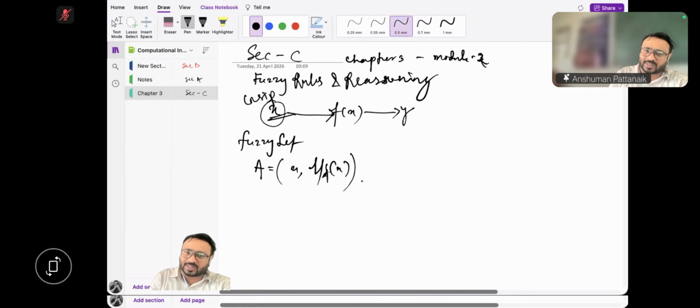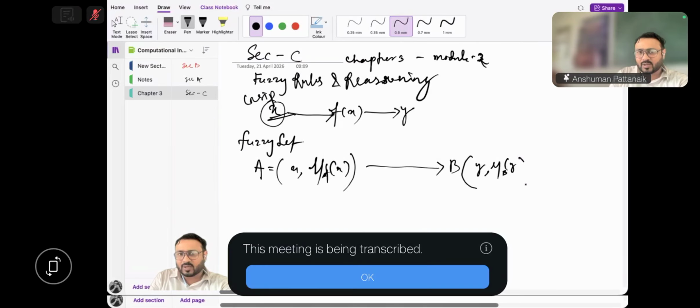Now, this I need to convert to B, which is a combination of y and mu of B of y. So how do we generate this if I have a formula called f of x? This is extending this fuzzy set to that set with the help of f of x.